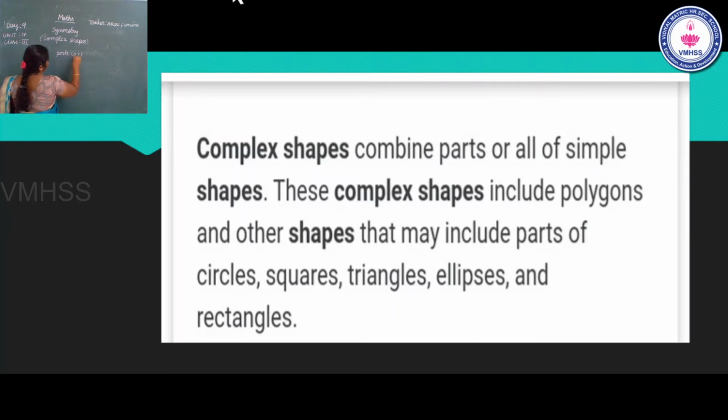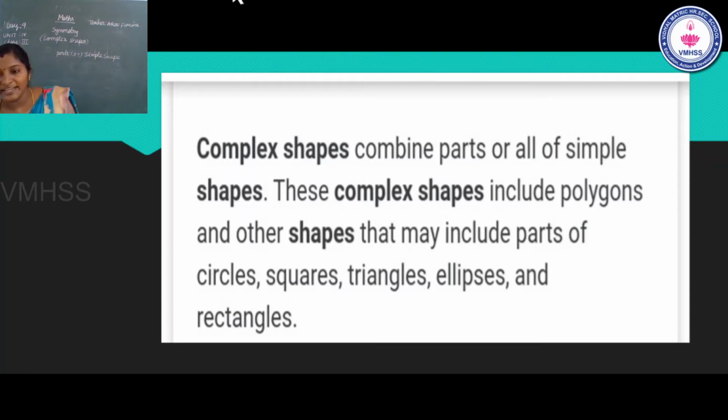So what is a complex shape? A complex shape combines parts that are all simple shapes. These complex shapes include polygons and shapes that include parts of circle, square, triangle, ellipse and rectangle.